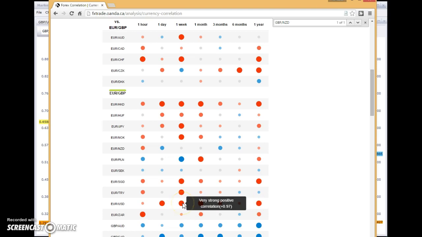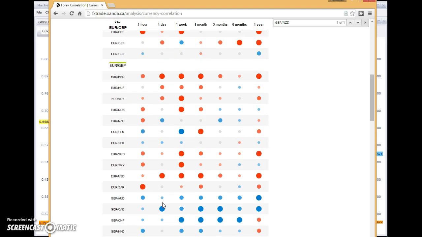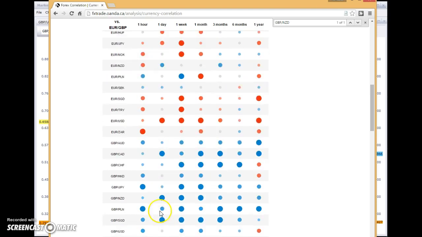So daily, weekly, very strong. And if we look at the pound USD, the correlation with euro pound is a little bit less straightforward. So in this case, the pound is less influential on the euro pound than the euro USD.